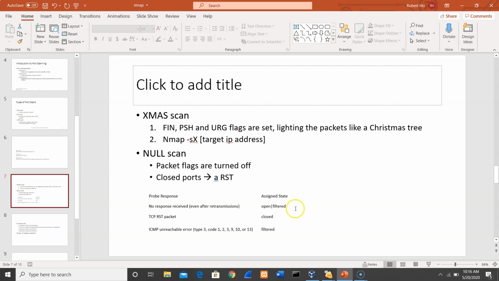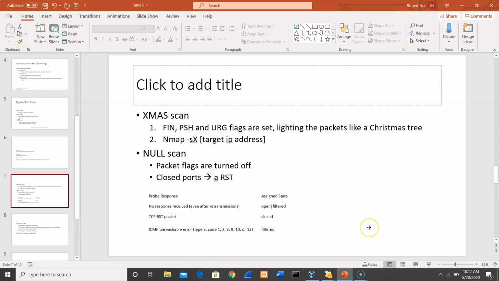They assign you the state open|filtered. However, when you run an Nmap Christmas scan and the port is closed, it will respond with a reset packet.